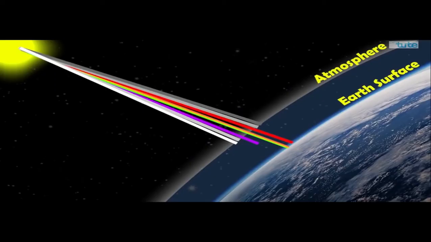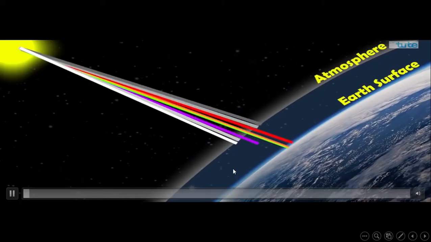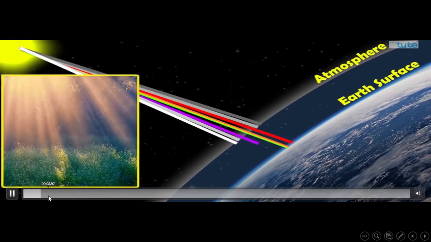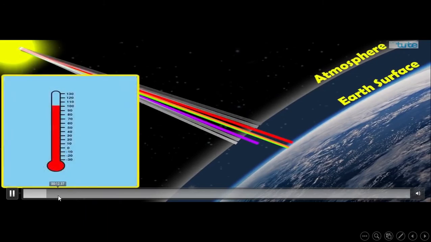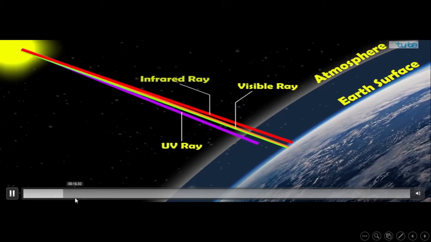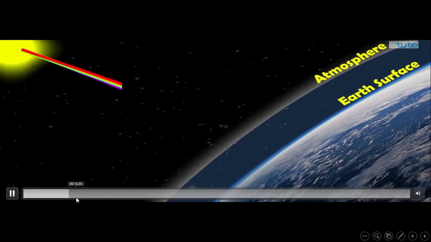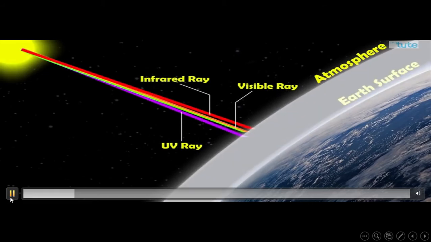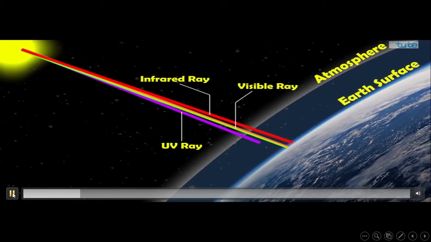Okay, enormous amount of radiations from the sun, which we receive in the form of light and heat energy. These radiations in the form of visible, ultraviolet and infrared have to first pass the Earth's atmosphere before reaching the surface.